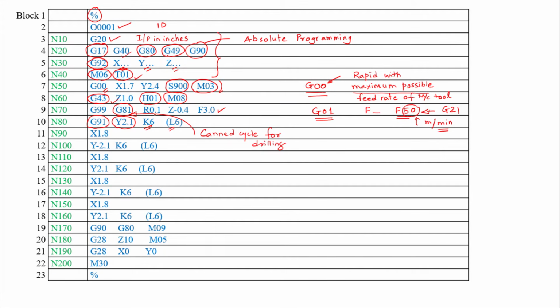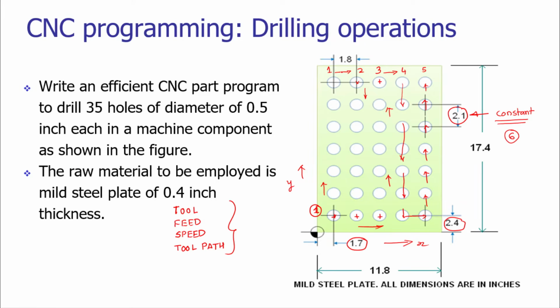What is the previous position? From x 1.7, y 2.4, we have to move along the y direction with a distance of 2.1, for how many times? For 6 times. So after reaching this point, these are holes number 2, 3, 4, 5, 6, 7, then hole number 8.